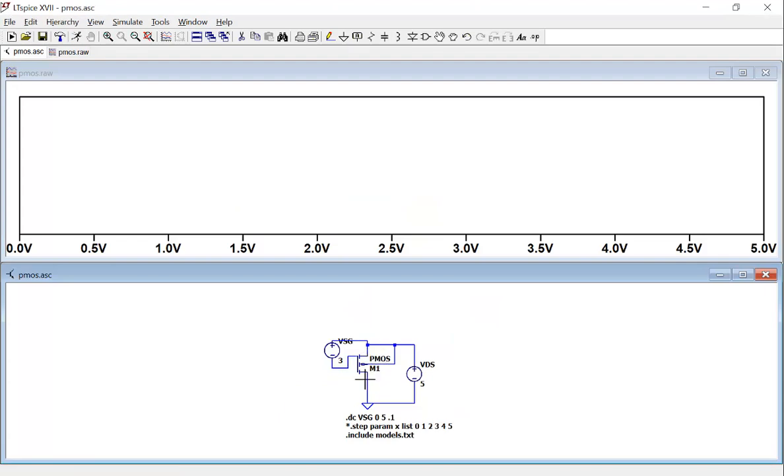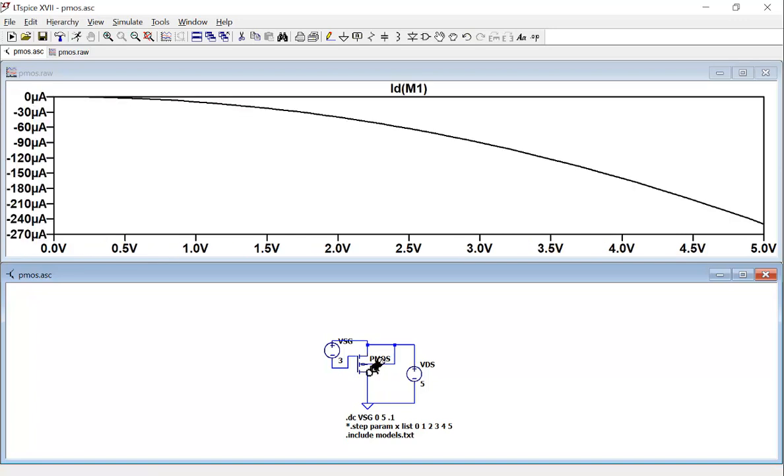So if I probe current here, this is very different. You can only show this current probe at the drain, not the source. So in this case, it plots the current in the opposite way, and you want to present it in a different way, like going up instead of going down.